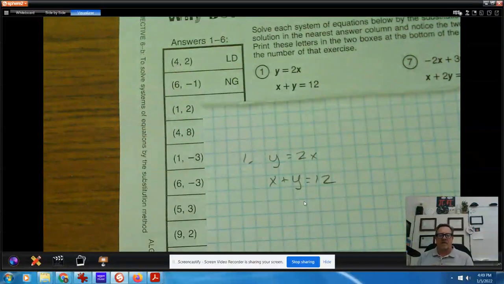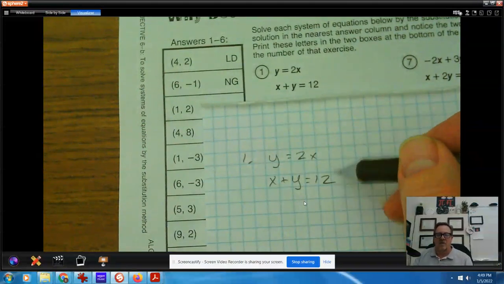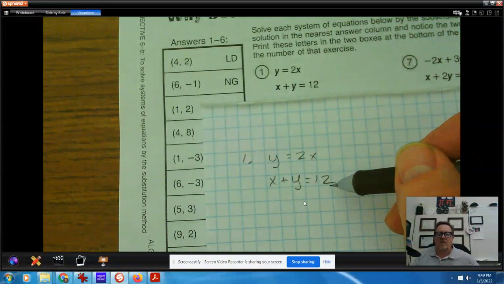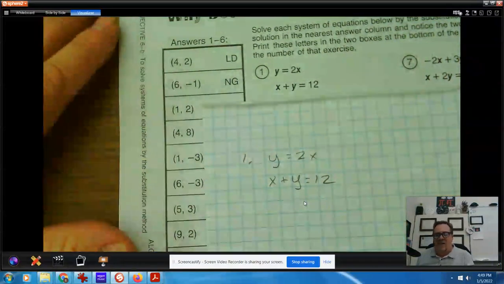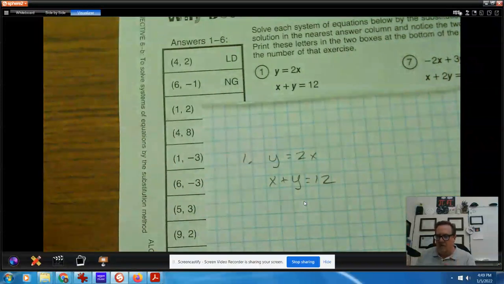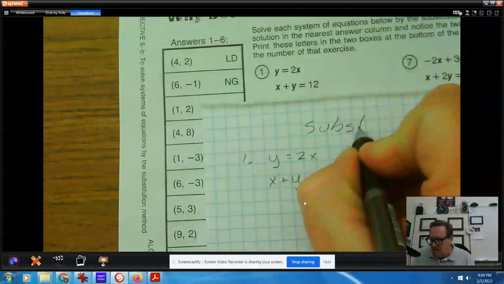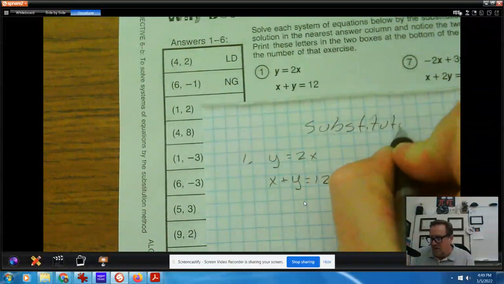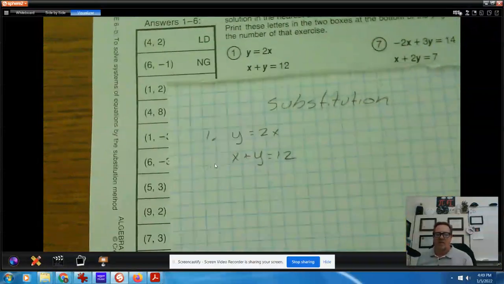Solving a system means that we're going to look at, in this case, two different equations with two variables, and we're going to try and figure out what points they have in common. To do that, we're using what's called substitution. Substitution rhymes with constitution, but is completely different.